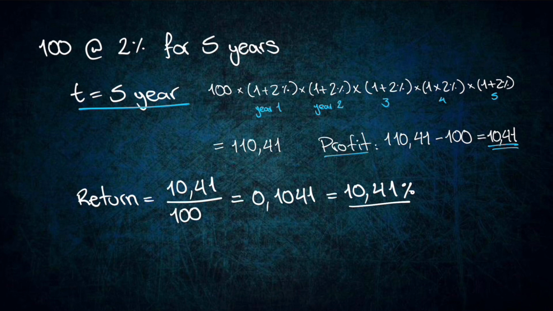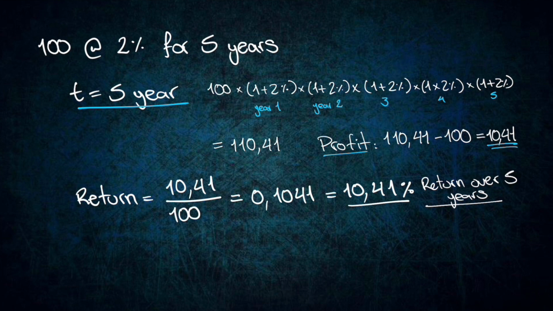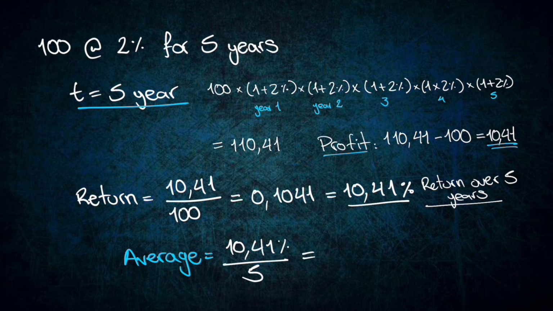This will be the return over 5 years. You might think that in order to get the yearly average, we just simply divide that by 5. If we do so, we will get 2.082%, which we know is incorrect, since in our exercise we have a 2% return per year.